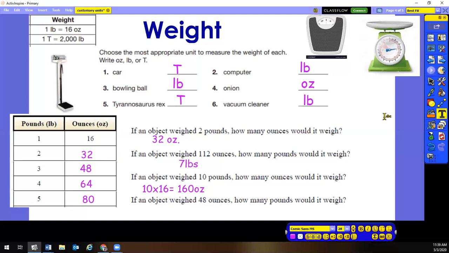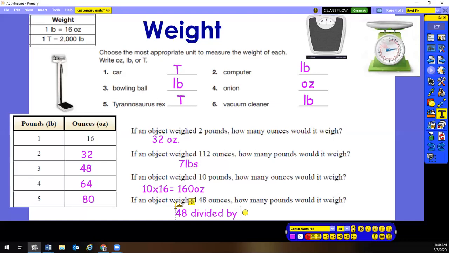All right, last question we'll do together. If an object weighs 48 ounces, how many pounds would it weigh? So let's think about our units again. We're going from small ounces up to large pounds. So that means we're going to do what operation? We're going to be dividing, that's right. So what exactly are we going to divide? We're going to divide 48 divided by, there's no division sign on here, can you believe that?